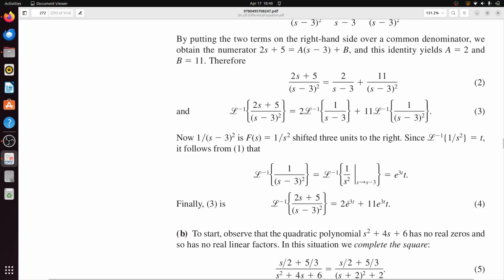So this is 2 e to the power 3t plus 11 e to the power 3t into t. This is your actual answer.